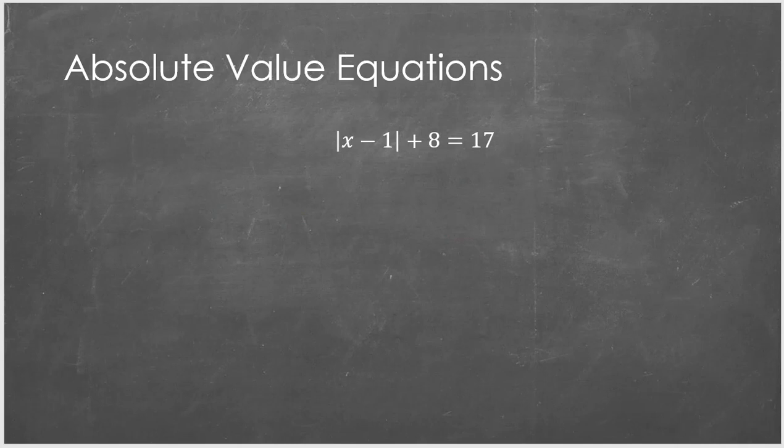All right, this one looks a little different. You'll notice there's some extra stuff involved in this one. So we have the absolute value of x minus 1 plus 8 equals 17. Before we can split into our 2 equations, we have an extra first step. So the first thing we're going to do is isolate the absolute value bars. To do that, I'm going to subtract 8.